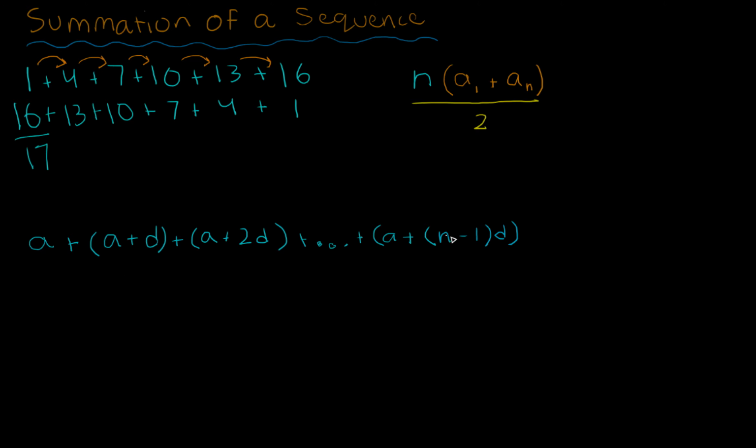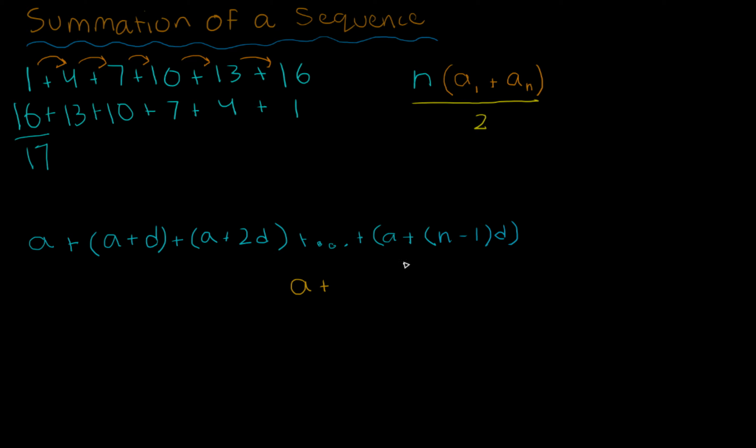So now that we have this, we can just continue with using an application of this formula. So we'll do it the same way. So the first term is a plus the last term. We have the first term, which is a, as we saw over here.